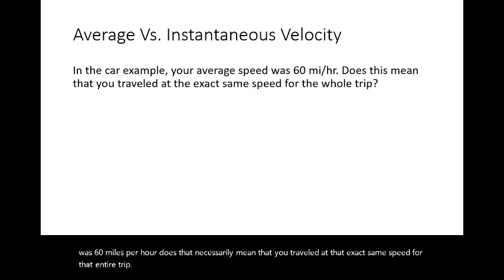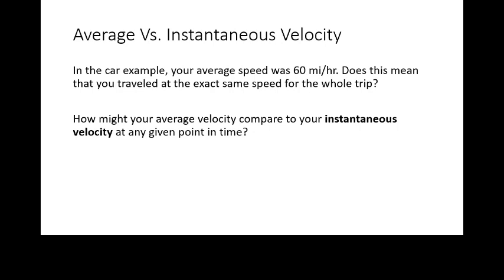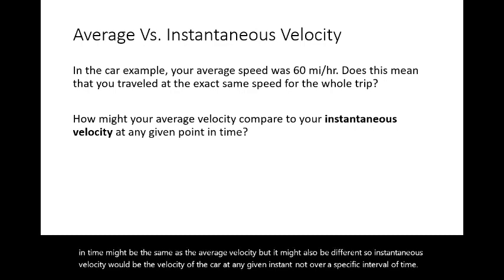No, you were probably traveling faster at some times, slower at some times, and exactly 60 at other times. The instantaneous velocity, which is the velocity at one particular instant in time, might be the same as the average velocity, but it might also be different. Instantaneous velocity is the velocity of the car at any given instant, not over a specific interval of time. So they might be the same and they might be different.